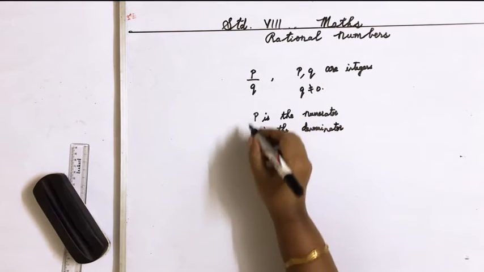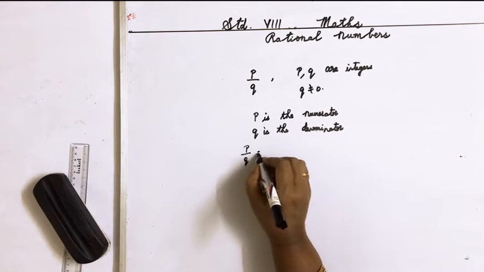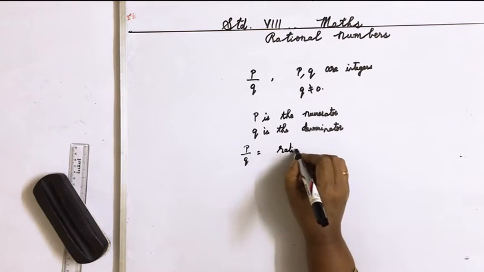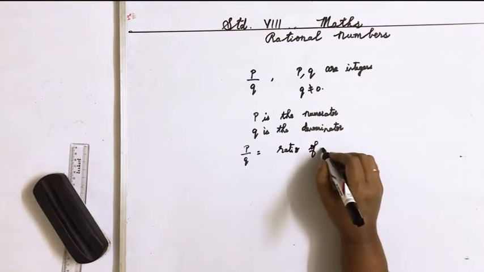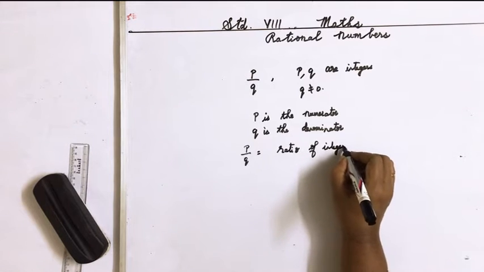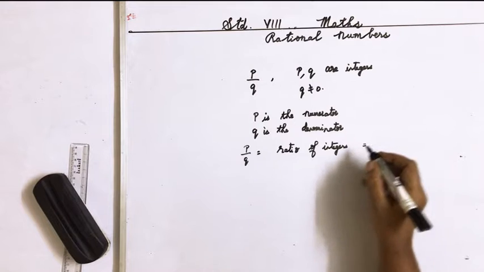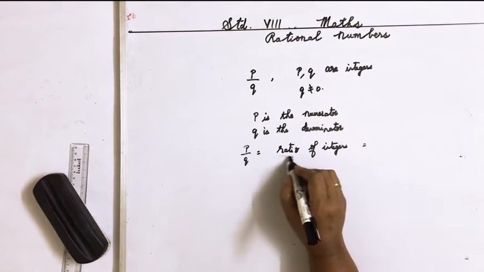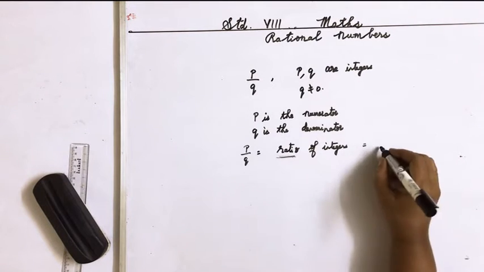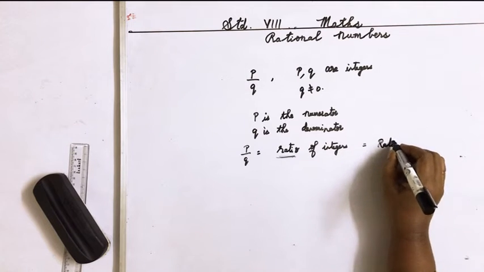We can also call this P by Q a ratio of integers, because a ratio can be written in fraction form. Because it is said as ratio, the name came as rational numbers.